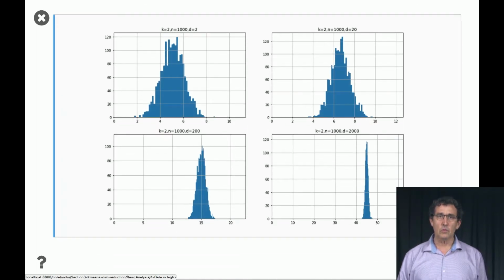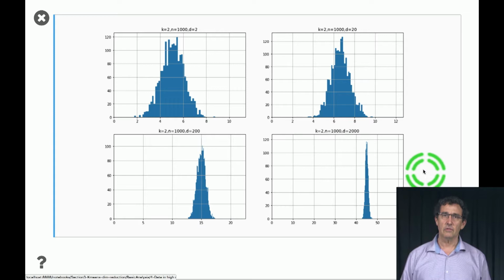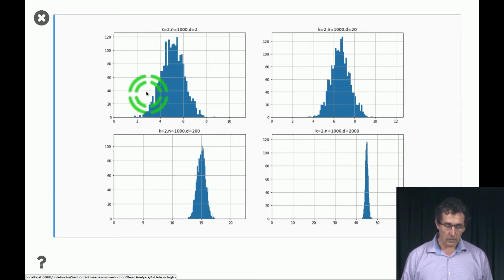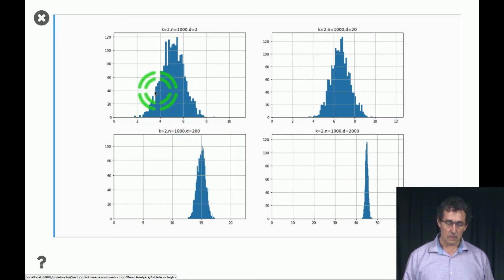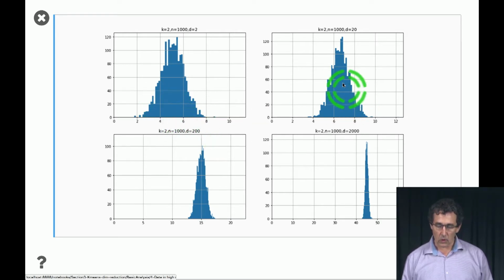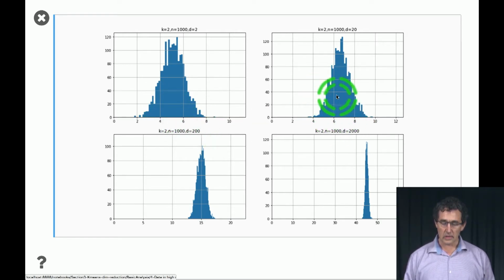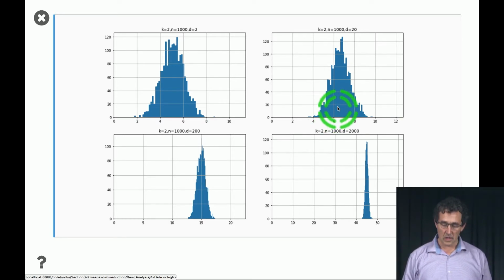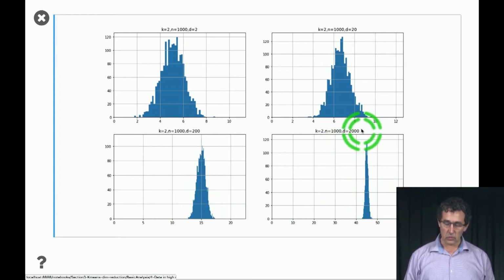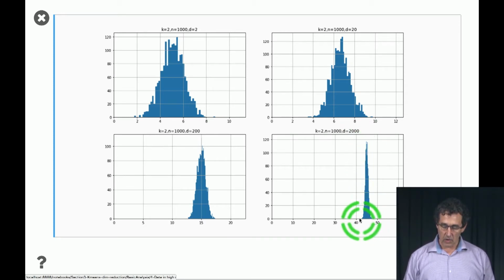So the first thing we're looking at here is the length of the vector. If the vectors are at -5 and 5, then we expect a length of about 5. So that's right. But when we go into higher dimension, the length increases. Why does it increase? It increases because we have these other dimensions that have contributions. And as we go to higher and higher dimensions, finally to dimension 2000, we see that the distribution is extremely concentrated around, in this case, something like 45.